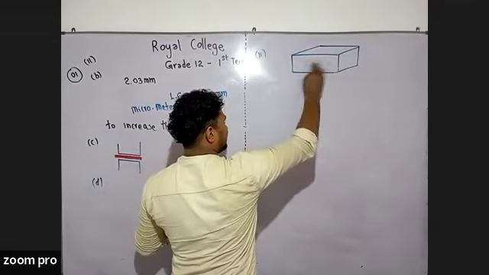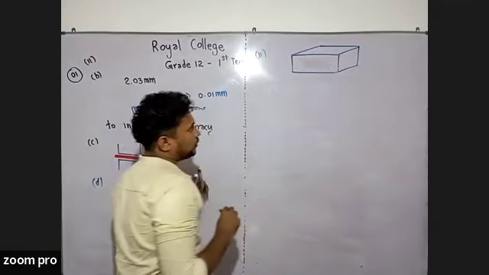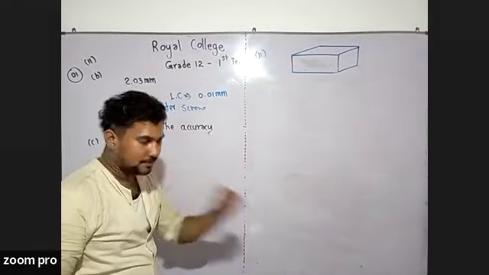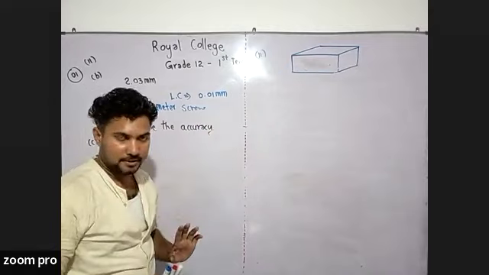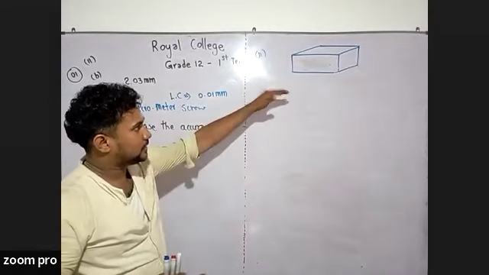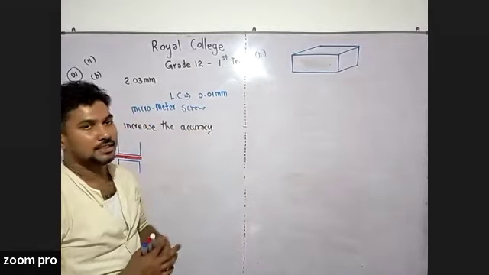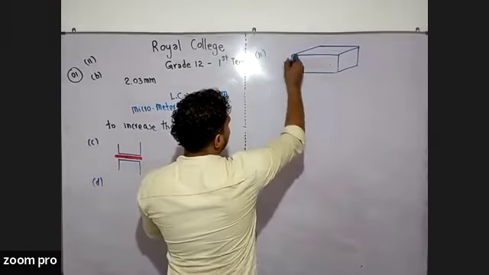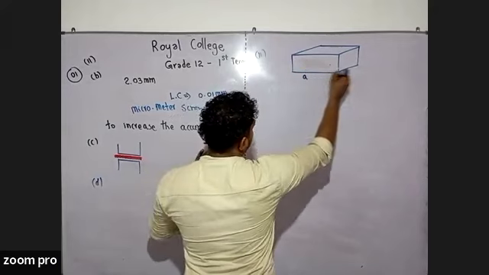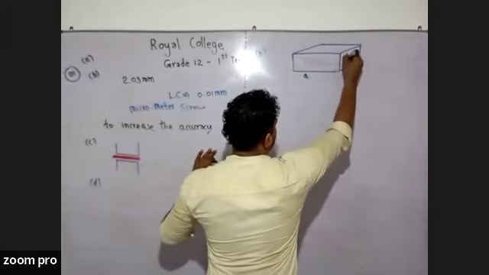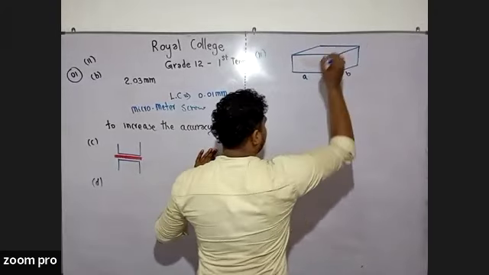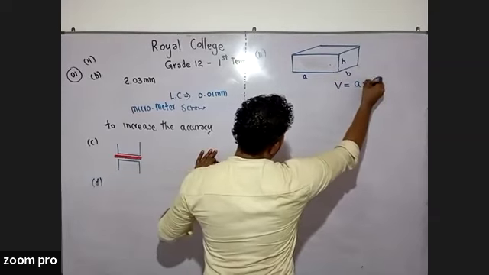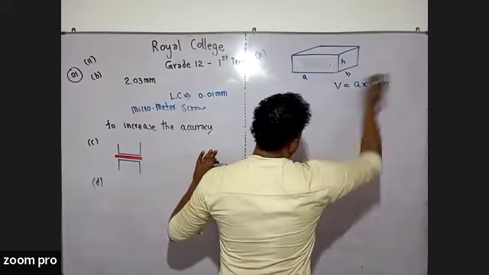Let's assume that this is a cuboid which is filled completely with metal, a metallic substance, and let's assume the length is A, width is B, and height is H. Then the volume of this cuboid can be obtained by A times B times H, isn't it?